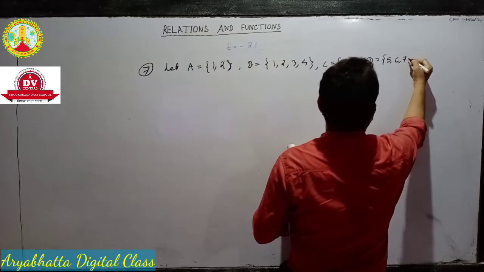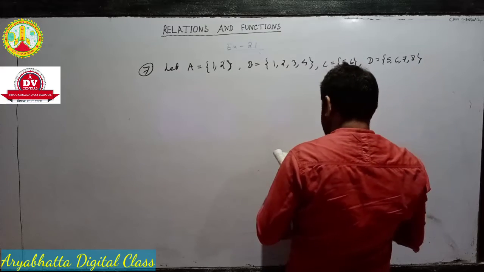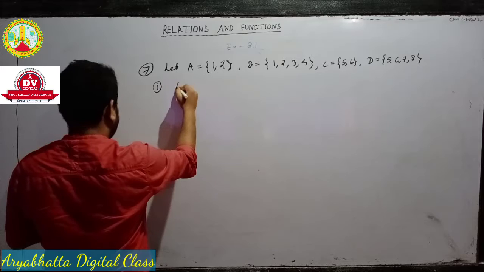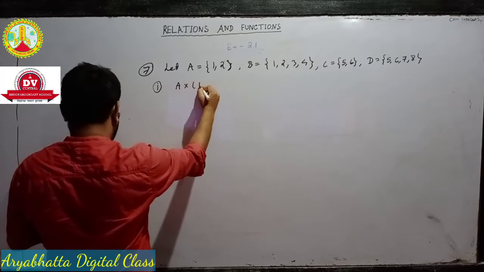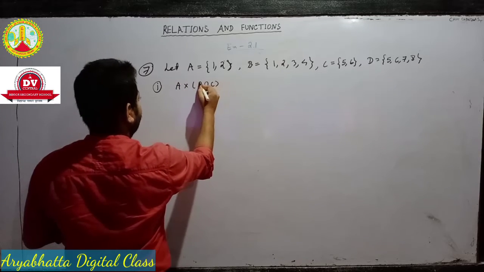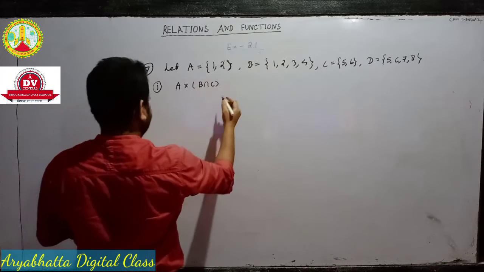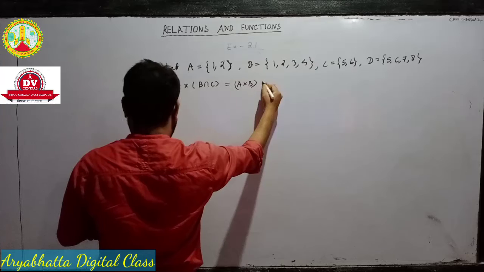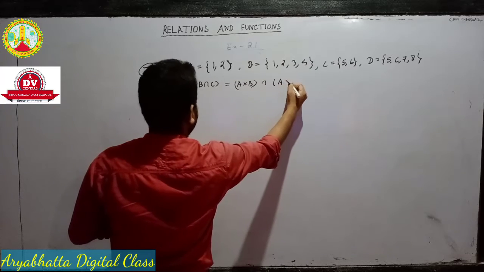Then verify, Roman number 1, A cross (B intersection C) is equal to (A cross B) intersection (A cross C).